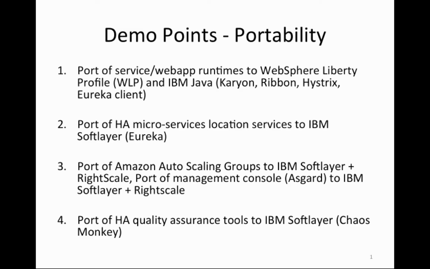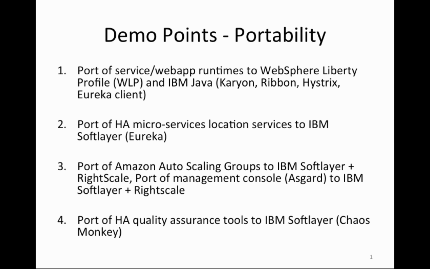So what we showed here in terms of portability is the Netflix open source platform for cloud running on 4 different areas. The main runtime aspects of the web applications and microservices running on the WebSphere Liberty profile application server and IBM Java. The mid-tier services and their location services to find each other, porting that over to the SoftLayer cloud.